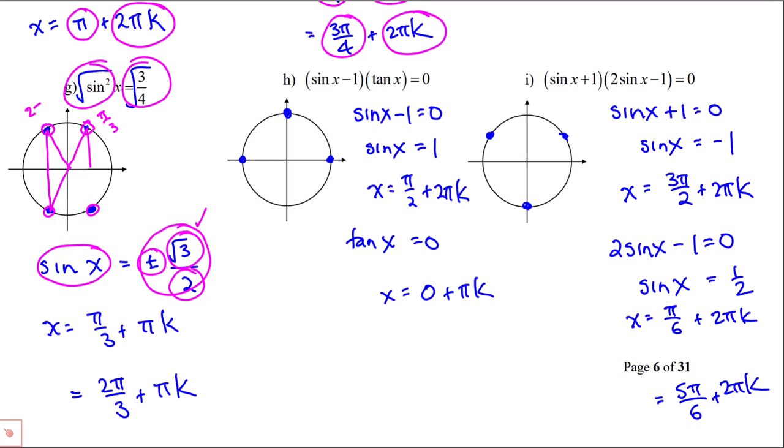This is 2 pi over 3. Now watch. If this is pi over 3, the one directly opposite is pi away. And if this is 2 pi over 3, the one directly opposite is pi away. And so I can do these adding pi, even though, you're right, the period is 2 pi, because it's plus or minus, I can pair them together with these two and these two.